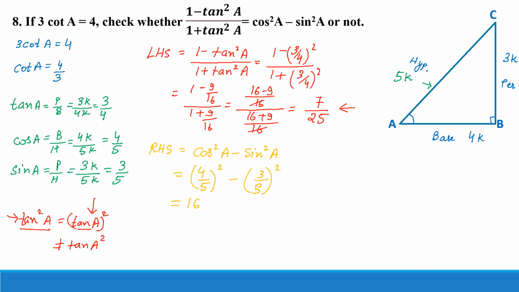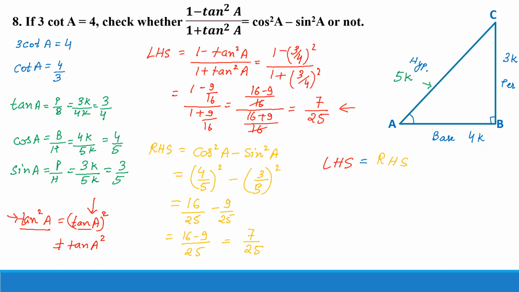So it is 16 by 25 minus 9 by 25, which is equal to (16 minus 9) by 25, which gives you 7 by 25. So from here we have obtained that the left hand side is equal to the right hand side.